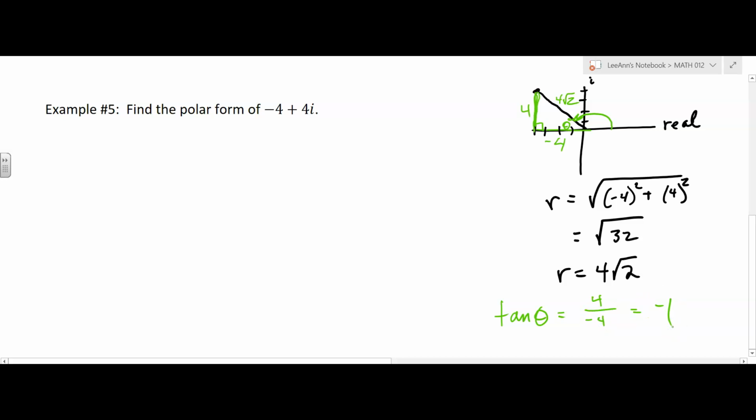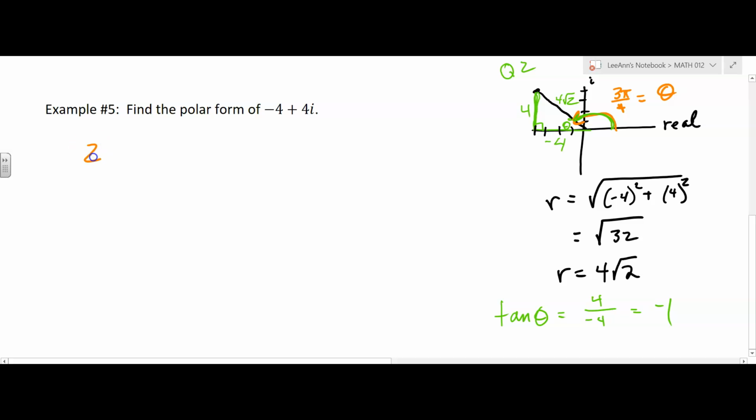And I can think about where the tangent is -1. That reference angle is pi over 4. But remember, I'm in the second quadrant here, right? So quadrant 2. So this theta, let me do it in a different color, is going to be 3 pi over 4, because I have to be in the second quadrant. So that's going to be my theta.